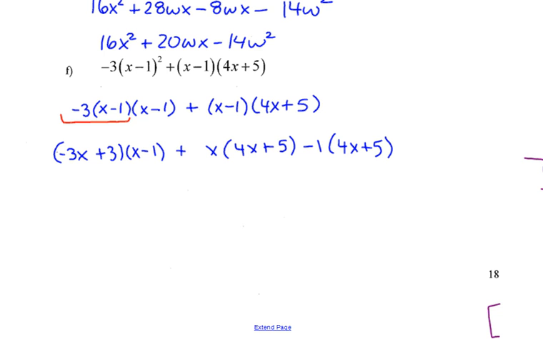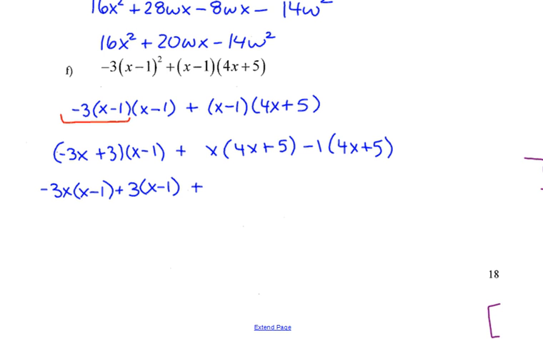So it's going to look like -3x times x minus 1, and plus 3 times x minus 1. Right? We okay with going from there to there? No questions? Life is good? Okay. Now, could we go ahead and expand this now? Sure, why not?